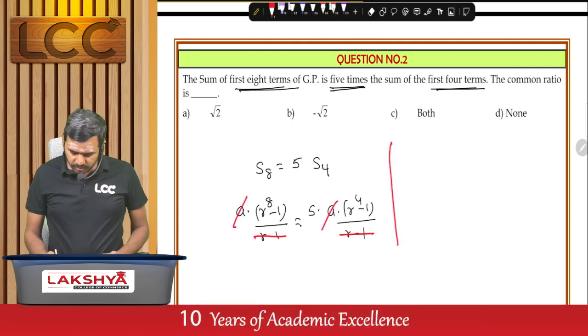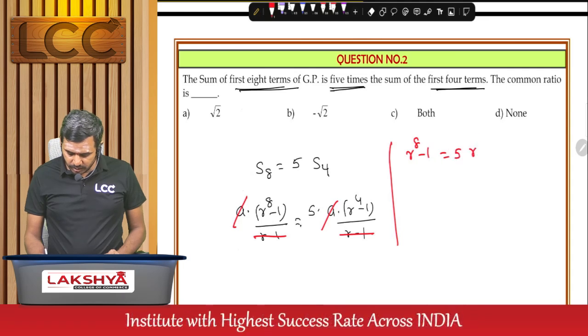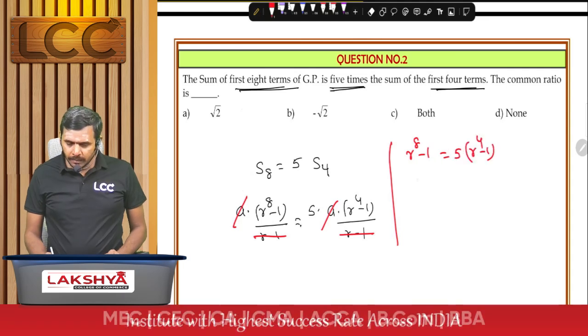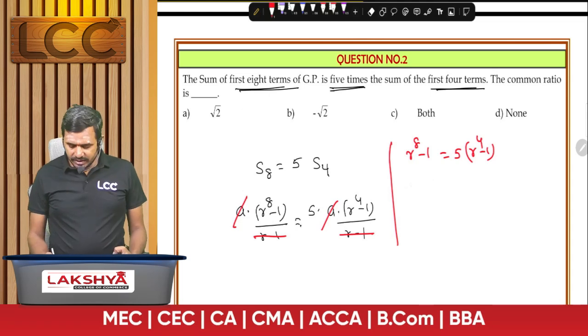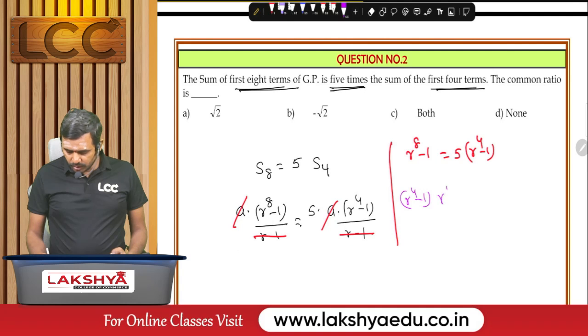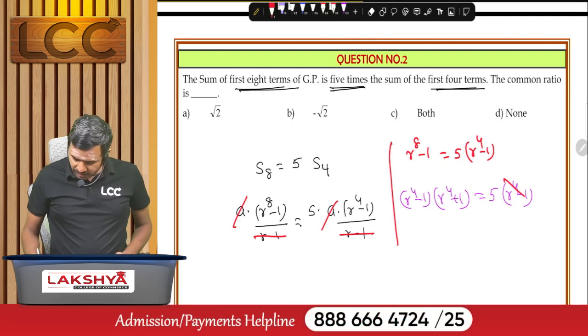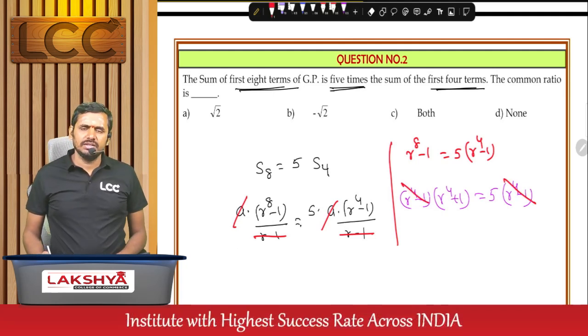What is the expression? r power 8 minus 1 is equal to 5 into (r power 4 minus 1). Now r power 8 minus 1, write it as (r power 4 minus 1) into (r power 4 plus 1), which is equal to 5 into (r power 4 minus 1). Now left hand side, right hand side, r power 4 minus 1 cancels.